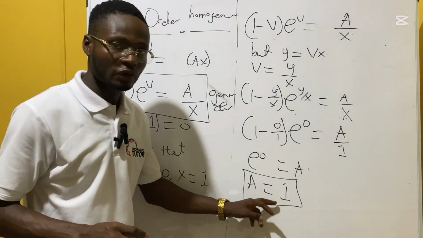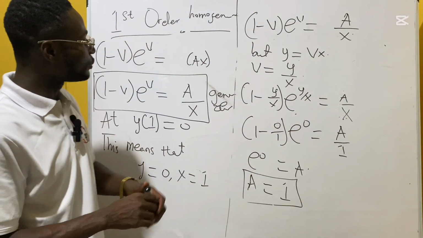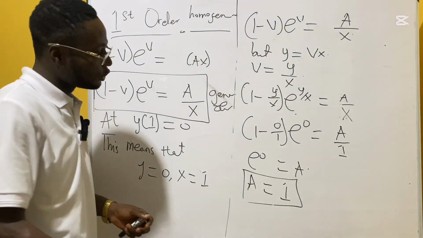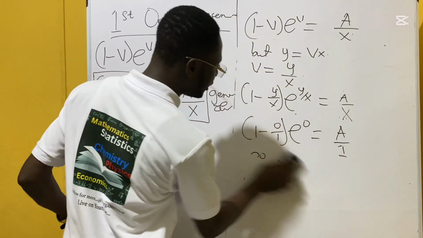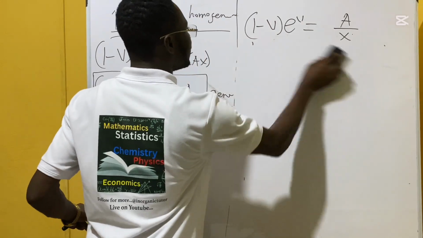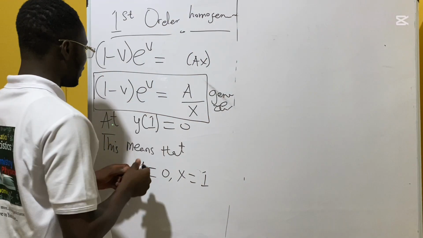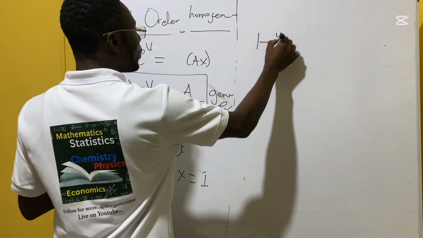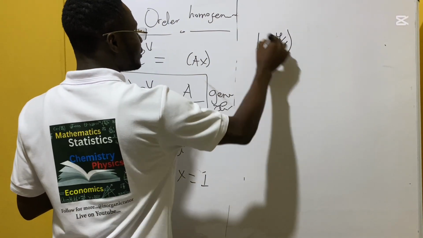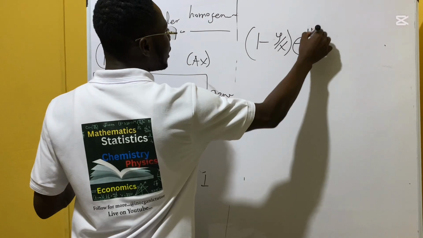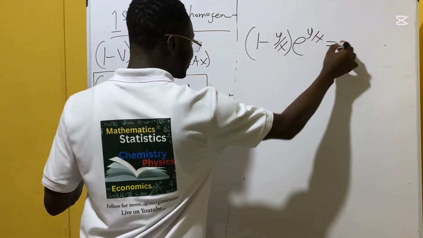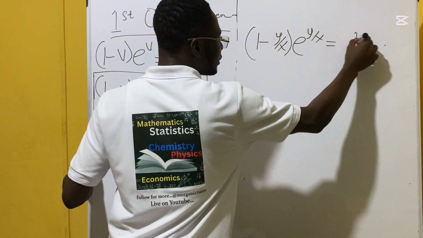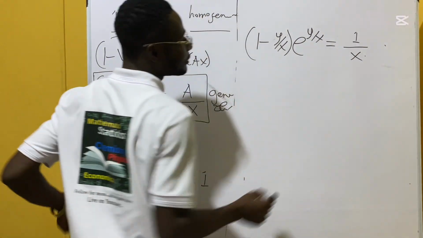Once we have our constant to be 1, we substitute into the general solution and we get our particular solution. So here our particular solution is going to be 1 minus y on x, e power y on x, is equal to our a, now 1, all over x.